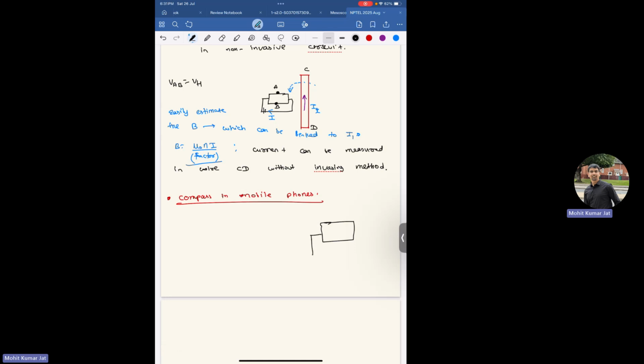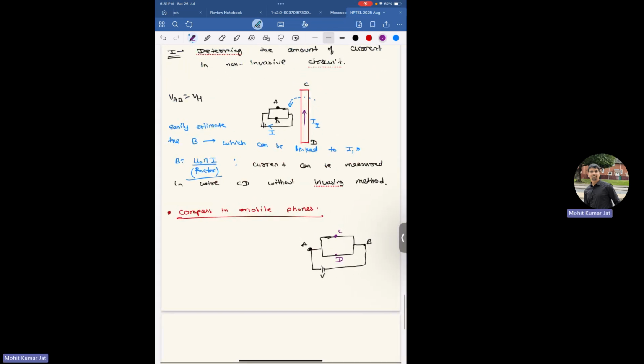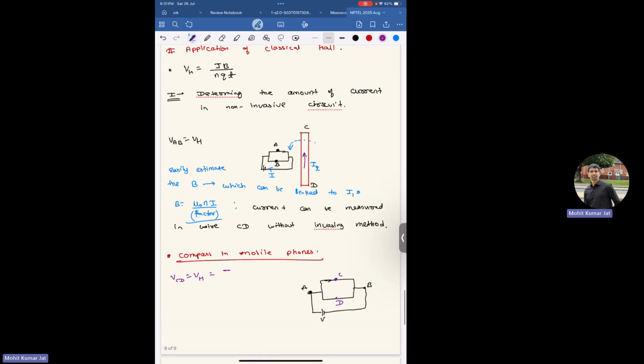Your sensor will be there in which the circuit continuously supplies the voltage, and then these other points measure the voltage between C and D. So VCD will be VH here, and that is again IB by NQT.